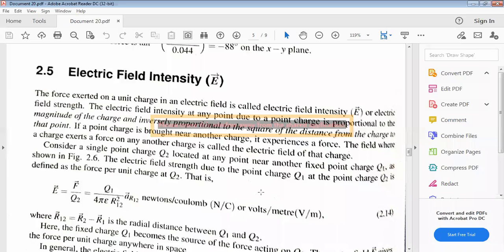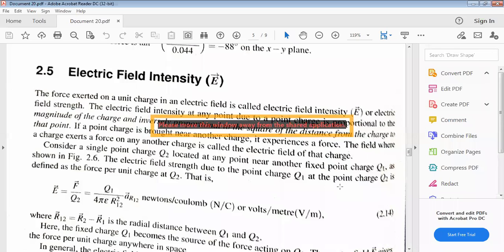See here, electric field intensity. So far we have learned about Coulomb's law and how much force acts on different charges. The next concepts are electric field intensity and charge density, and different types of charge densities.